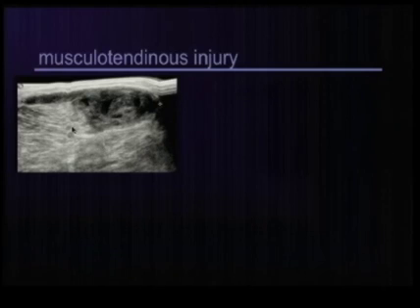Here we have an image, and just to orient you, this is imaging from behind. This is the proximal calf, and we have the medial gastrocnemius fibers present here, which are terminating abruptly here. And then we have a complex fluid collection representing a hematoma.